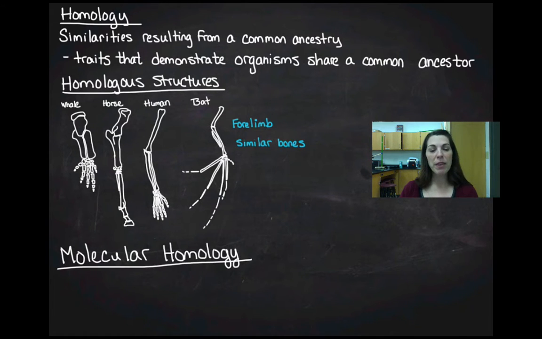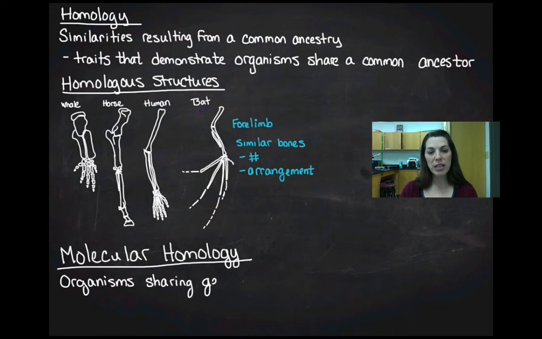bones. The second type of homology is molecular homology, and molecular homology is a little different. In the forelimb, the things that are similar are the number of the bones and the arrangement of the bones. We already talked about that. In molecular homology, what you're seeing is that organisms are sharing genes.